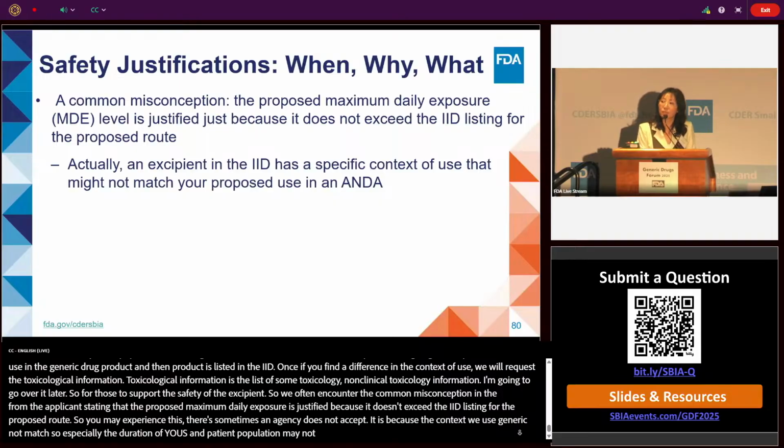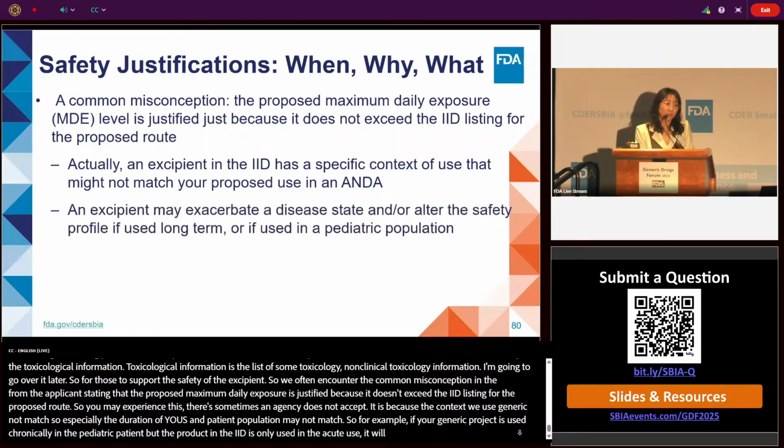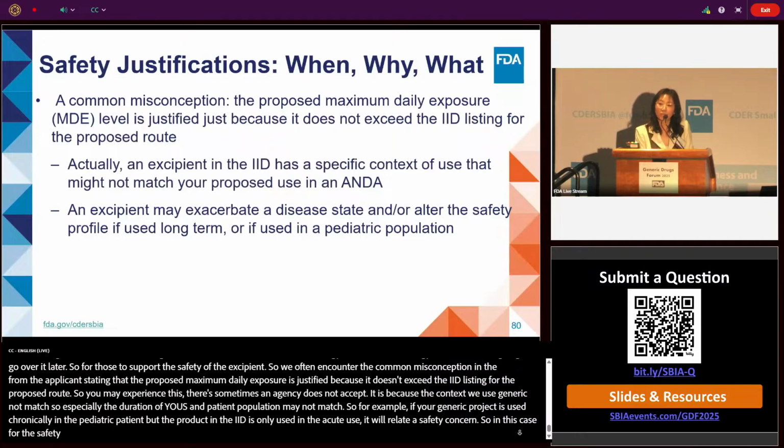For example, if your generic product is used chronically in pediatric patients, but the product in the IID is only used in adults and for acute use, then it will raise a safety concern. In this case, the safety gap in the context of use can be addressed by leveraging some non-clinical toxicity data.